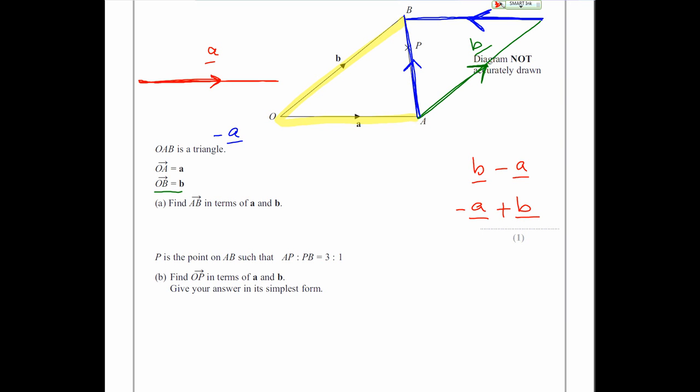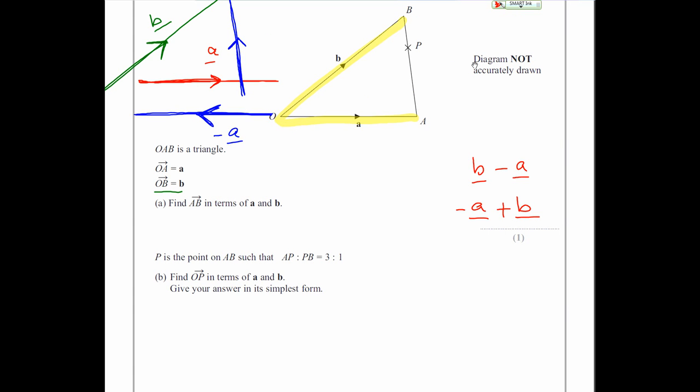Right, P is a point on AB such that AP, let's move these out of the way. AP, that's that. And PB, that's that, are split in the ratio 3 to 1.